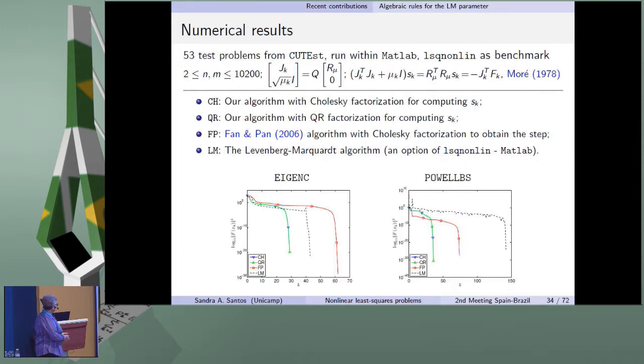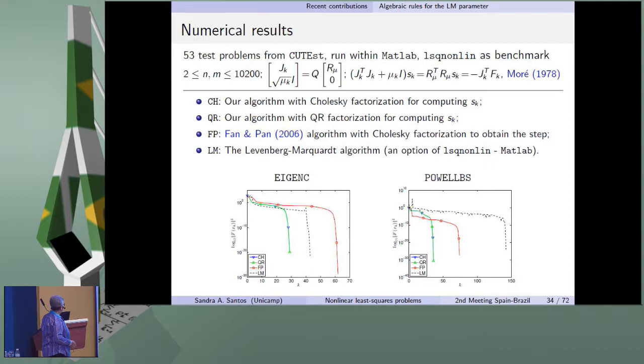So here I show you the performance concerning the evolution along the iterations for the objective function value in log scale. Blue and green are our colors, and they correspond to these curves that coincide, so we see that we reach the quadratic convergence faster in both circumstances, and these two problems are quite typical.